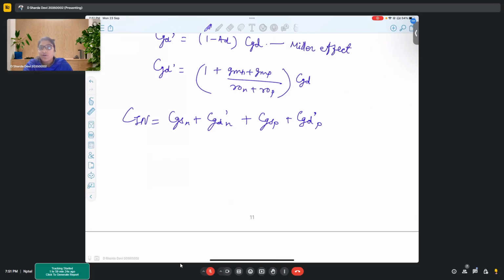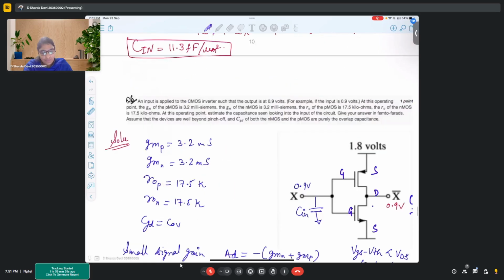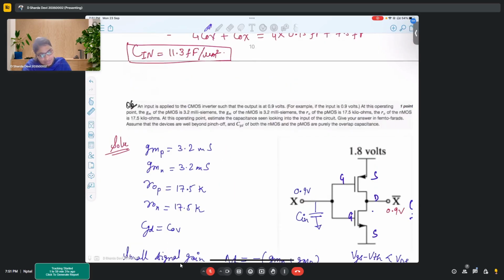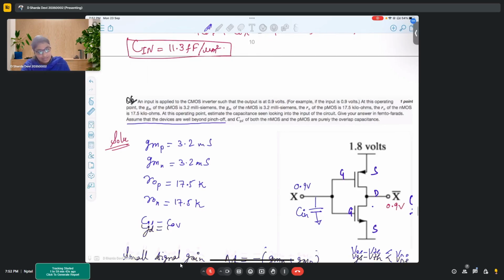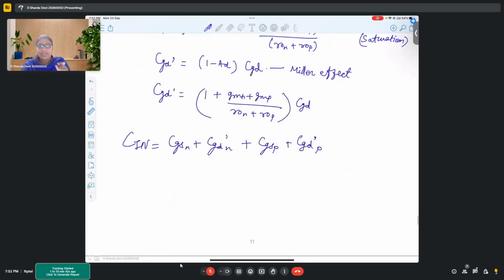That is because all of the channel is towards the source side. Here, if you observe in the problem, it is given that assume that the devices are well beyond pinch off. That means the channel has shifted almost towards source. Okay, so that's why we will use directly the total Cox over here.